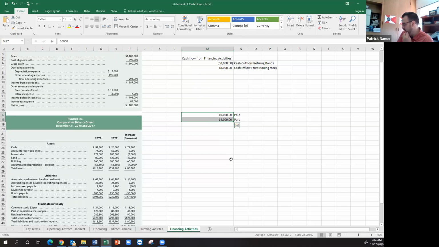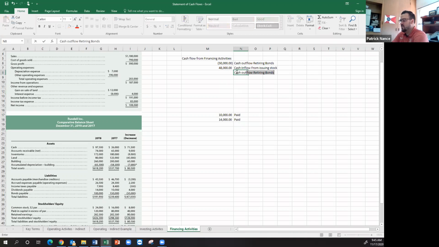The way that I look at this, since I have the actual detail, I can just look at what cash was actually paid, and I can tell by looking at this, the cash paid literally says cash paid on January 10th and on July 10th. So what I know is that now I have a cash outflow for dividends for a total of $24,000, a total of those two.